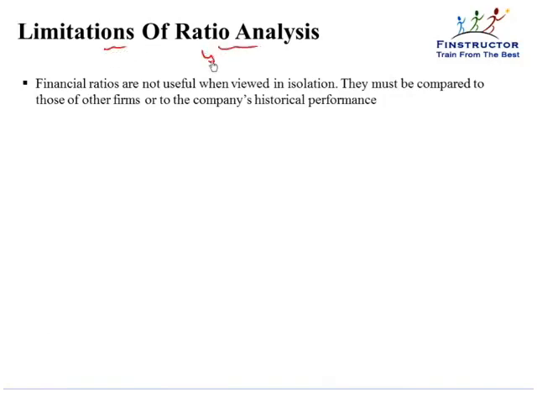Now, before we conclude anything significant from our analysis, we should be aware of the limitations of ratio analysis, so this section is very important. First of all, financial ratios are not useful when viewed in isolation. So they must be compared either to other firms or to the industry or to the company's own performance in history. So for example, if a company has a debt equity ratio of 2 times, before we conclude whether this ratio is high or low or in line, we must calculate the ratio for other companies in the industry, for the industry as a whole, and then see.